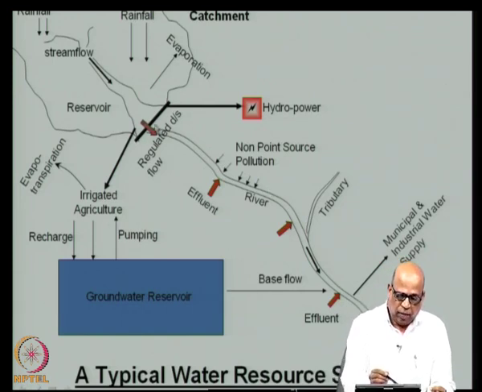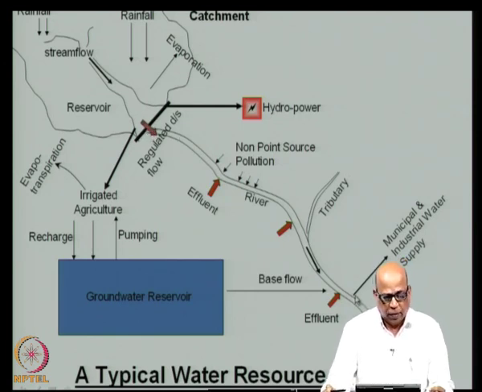We also have flows that are directly let into the downstream river. So, this is a regulated downstream flow from the reservoir. By opening the gates or through the spillway, it comes and joins the stream flow.